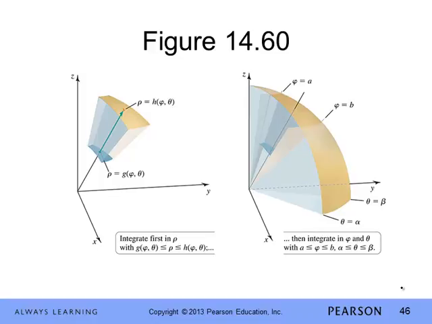And then, like I said, once you figure out those limits for rho, you have your nice, easy, constant limits for phi. Looks like phi is going to vary between these two limits here, the lower limit up here and the upper limit down here. And then theta is going to vary between here and here.